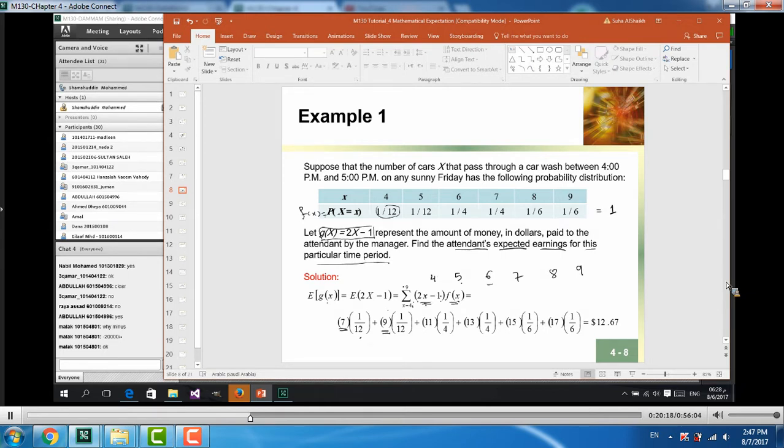At the 6, 2 times 6, 12, minus 1, multiplied with the probability, and so on with all the values. Multiply, add everything, and you get the result that you have. Is it clear? Any question here?